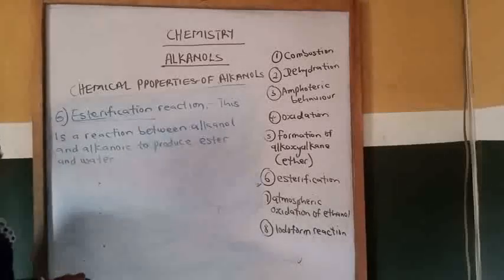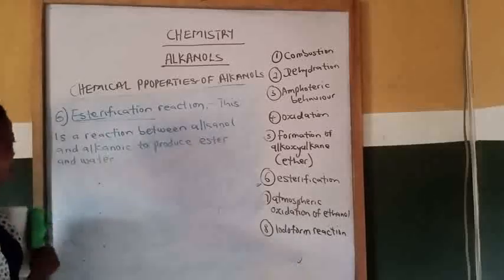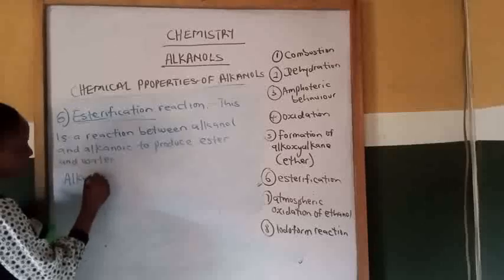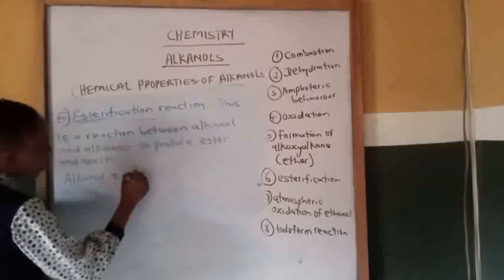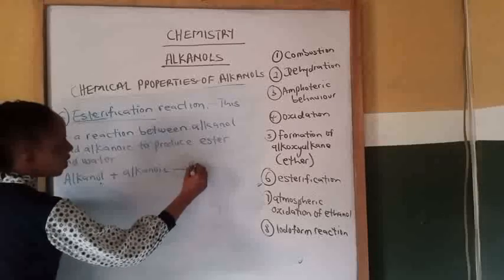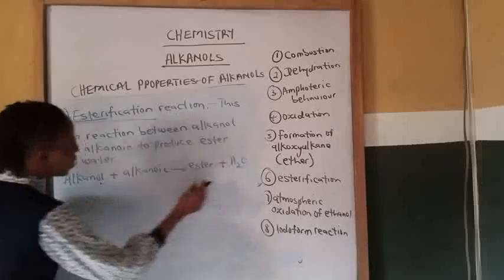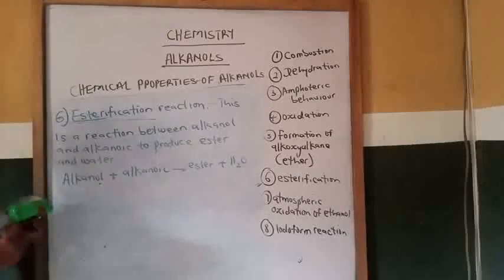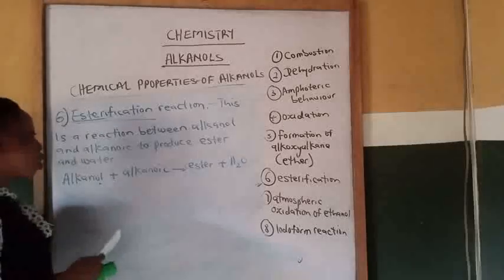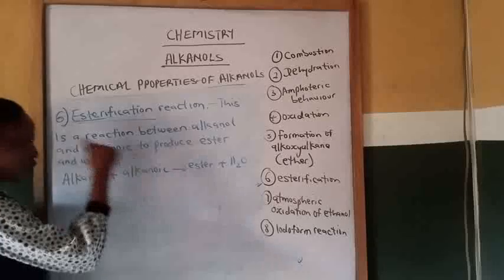It is a chemical reaction between alkanol and alkanoic. Alkanol plus alkanoic will give you ester and water. Now let's relate this chemical reaction, before I give you an example on it, to inorganic chemistry.